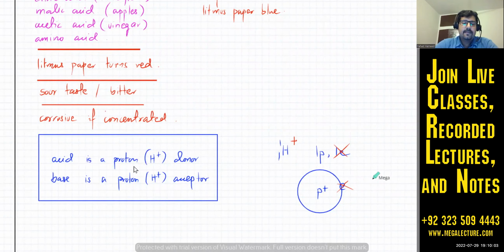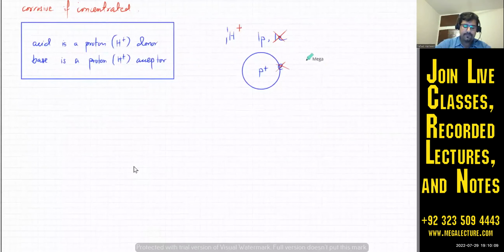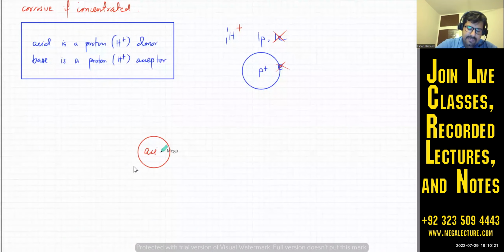Okay. So visually speaking, this is what an acid will do. An acid is some random molecule, whatever it is. I don't care, it could be any random molecule, in any shape or size. So here's a molecule of acid.